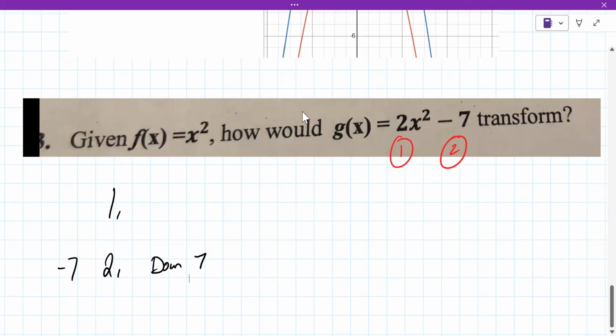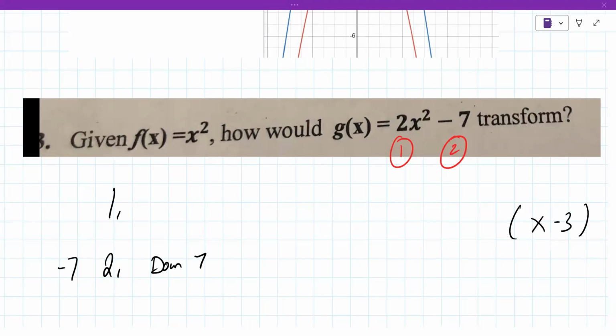Or if you're not sure, I'm happy to graph it to show you as well. It's like the slope would be if it was a linear equation. We got a. The left and right, that's the other one. That's inside parentheses. So if it was x minus 3 or +3, that's left or right.